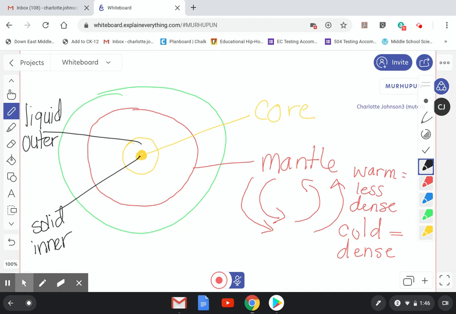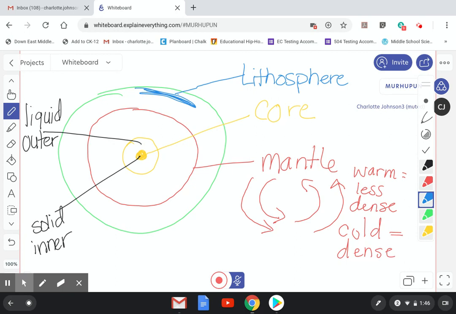For instance, the lithosphere is composed of the crust and the outer top layer of the mantle. So when we say lithosphere, we're talking about that small section.